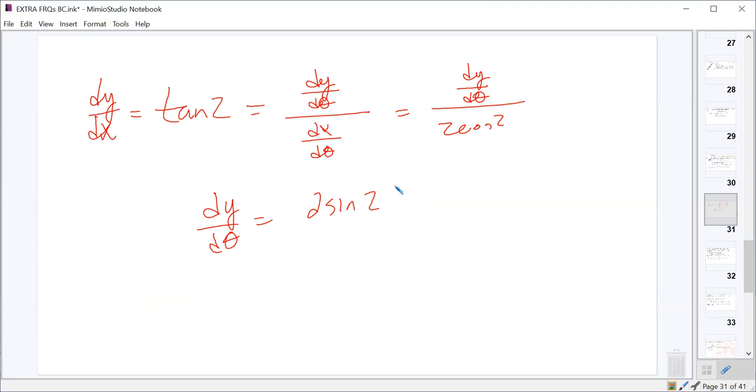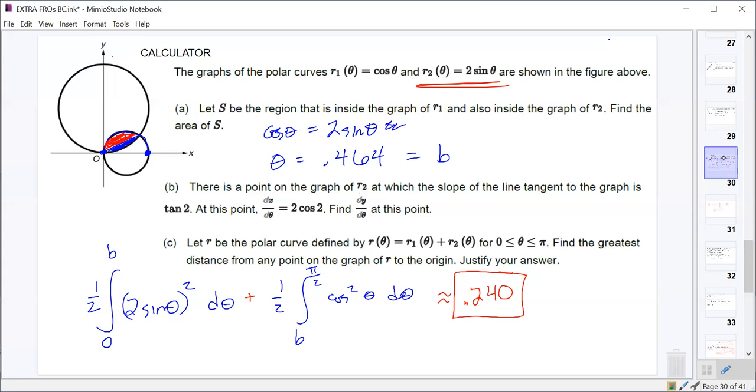Everybody good with that? And 2 sine of 2 is good. You wouldn't have to put a decimal if you don't want to, unless, I don't think it says to. Easy enough? That's pretty easy. You just got to recognize that the slope of the tangent is dy dx, and that that's dy d theta over dx d theta.